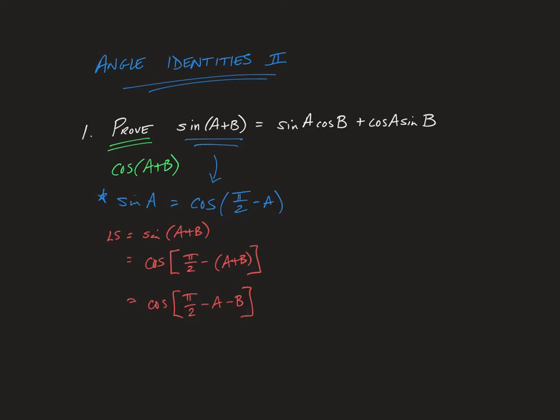And now when I look on the inside, I actually have 3 angles. But what I can do is group it and think of pi by 2 minus A as one angle, and then think of B as my other angle, and that's what allows me to then use my cos compound angle identity from the last lesson.